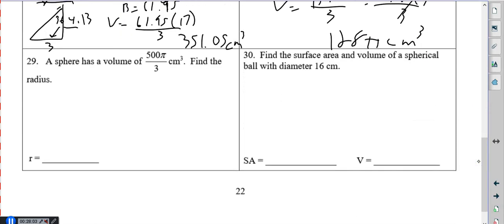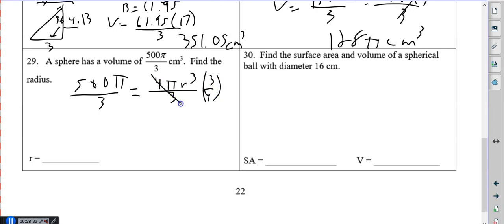And here we go, last two. We know the volume of the sphere is 500 pi over 3. Well, that's equal to 4 pi r cubed over 3. So if we multiply both sides by 3/4, that will cancel this and that will cancel that.